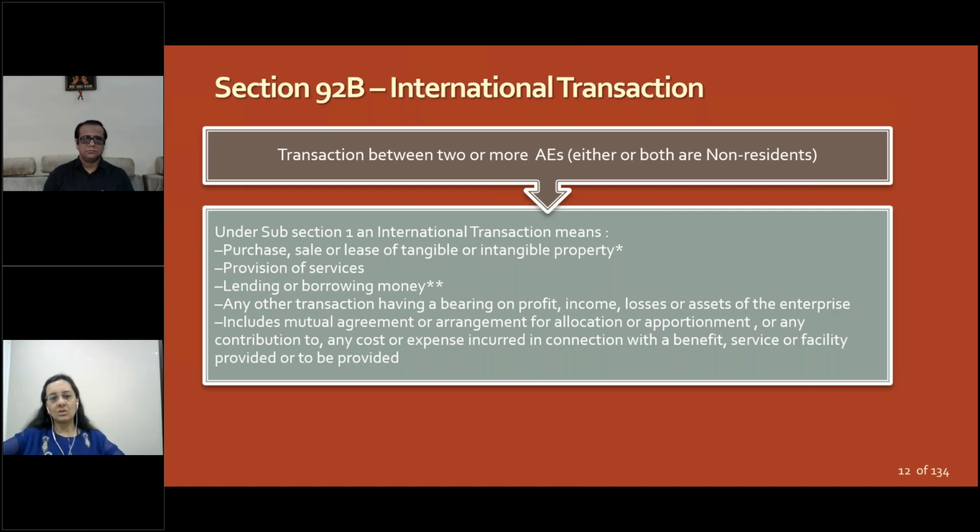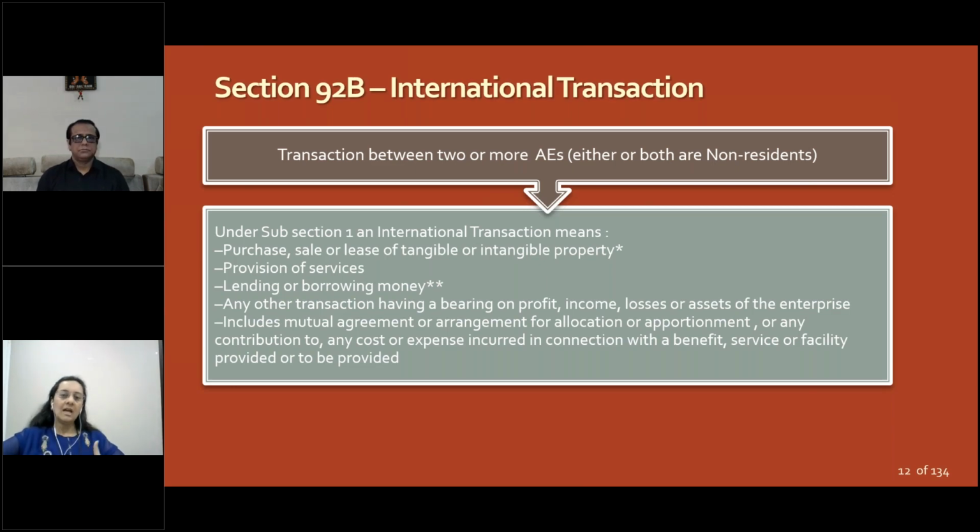Now, why is this last clause there? Usually a lot of multinational groups have a shared services center or a management center or a corporate office where they incur the cost for the group as a whole, and then that cost is allocated or apportioned across the world to various entities, and that cost that is apportioned is in lieu of a benefit or a service that the Indian entity, or the entity receiving the allocation, receives.